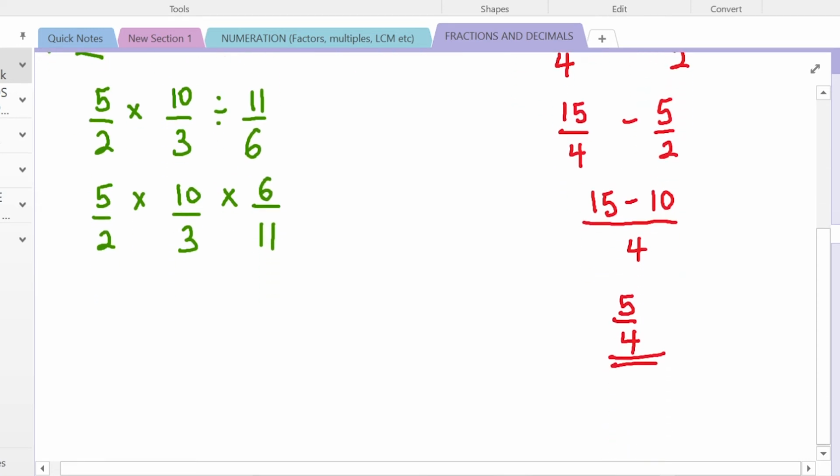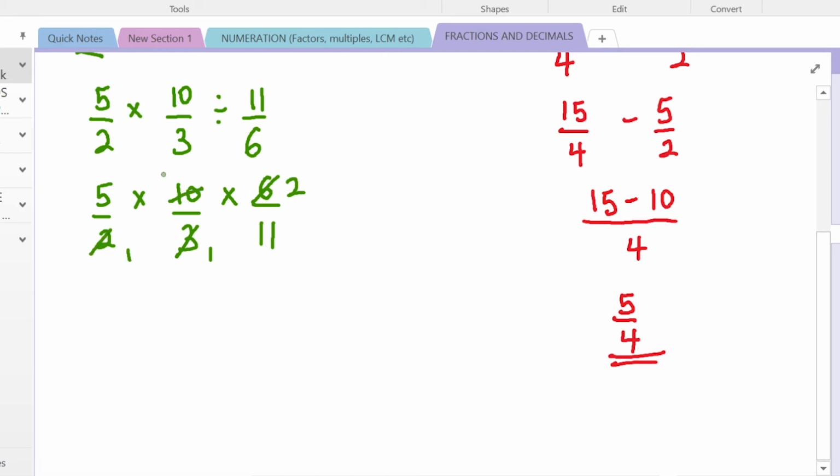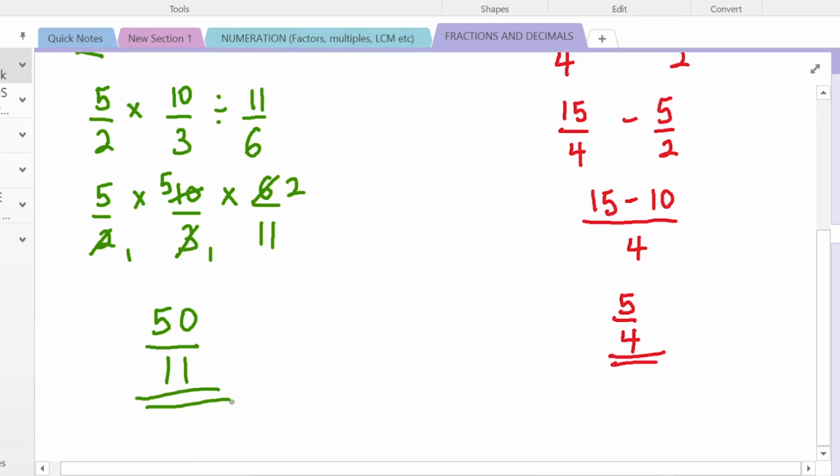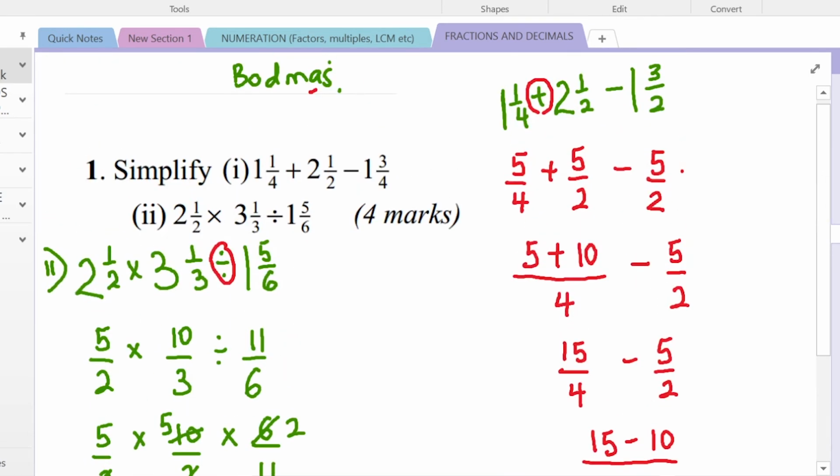Now that things have been converted all to multiplication, we can go ahead and cancel: by 3 once, by 3 twice, by 2 once, by 2 five. So that means 5 times 5, which is 25, times 2, which is 50. So on top we have 50, divided by 11, which is 1 times 1 times 11, which is 11. And that's the answer. So that is our Roman 2 for that.